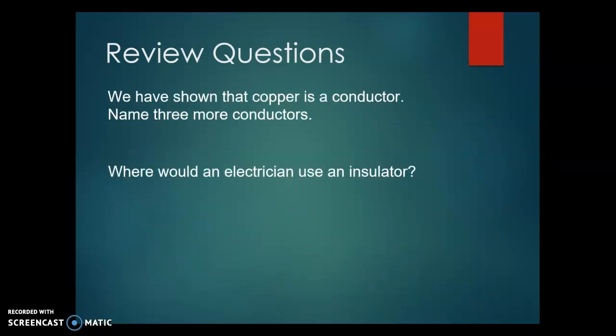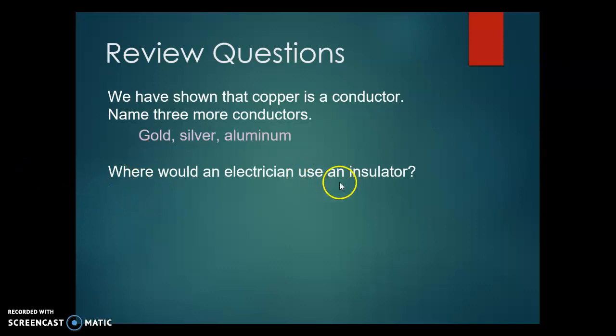We've shown that copper is a conductor. Name 3 more conductors. Look back to your notes if you have to, really think about it a little bit more closely. So for example, gold, silver, aluminum are all good conductors. Think about electricians always working with electrical wire, telephone poles, and anything else that deals with electricity.